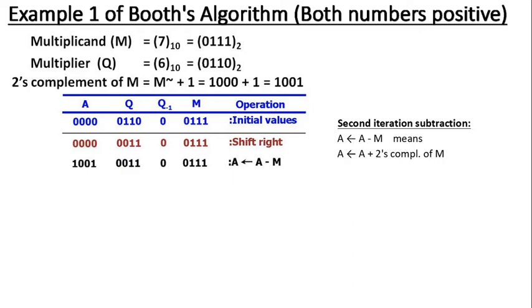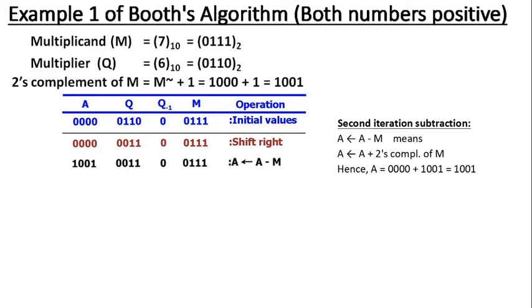Okay, so from the first iteration, the contents of register A in the first iteration were 0, 0, 0, 0. The first iteration, which is shown by brown color, its leftmost entity is 0, 0, 0, 0, contents of A, plus 2's complement of M, which is written at the top, just above that table. 2's complement of M, the extreme right figure, is 1, 0, 0, 1.